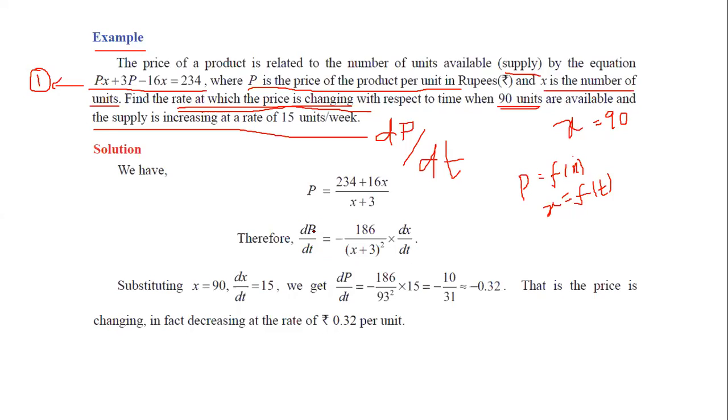When you are differentiating that, it is called the chain rule. What is dp by dt here? dp by dt is dp by dx into dx by dt.